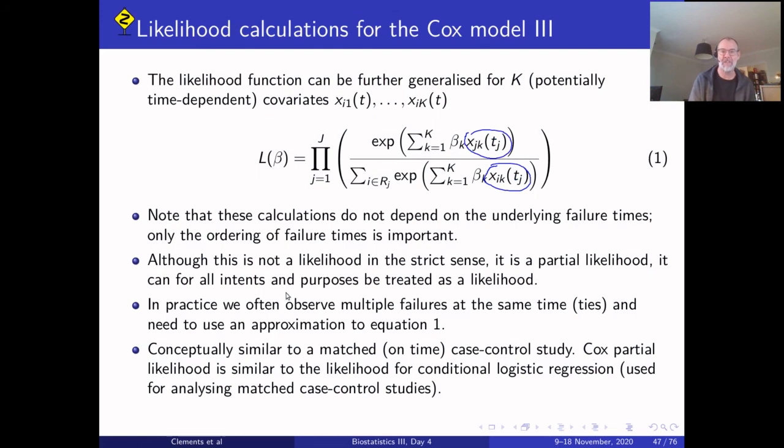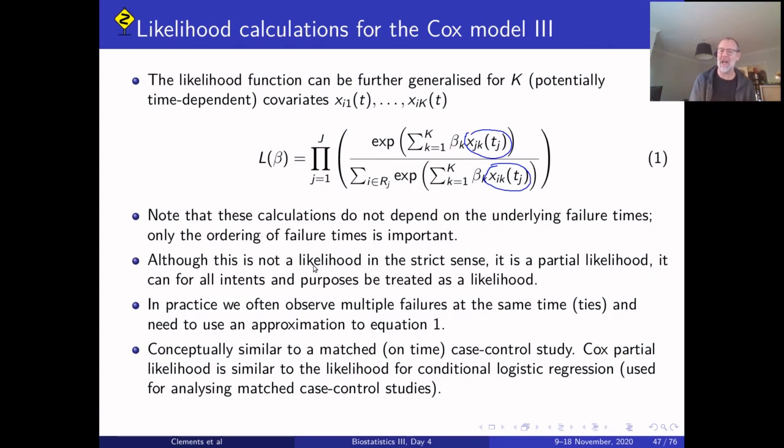Note that these calculations do not depend on the underlying failure times themselves. All that happens is that we need to know the risk sets and the covariate values. So we use time here for defining the covariates, but we don't actually use time elsewhere.